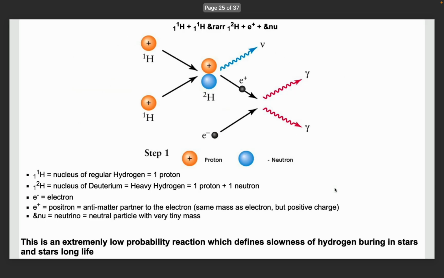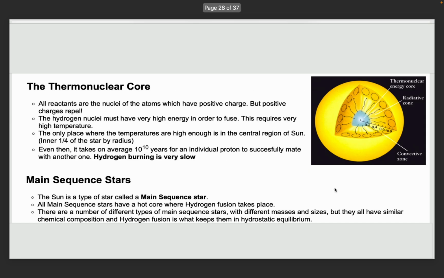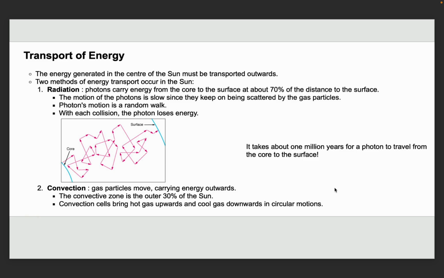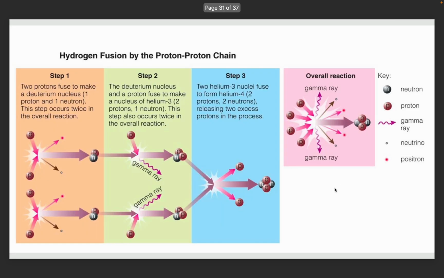So until now we discussed what process creates energy in the sun's core. We know that in the sun's core the temperature is about 15 times 10 to the power 6 Kelvin. Due to such huge temperature, the proton nuclei can come together and get fused. How does this reaction happen? This reaction happens due to the pp chain, or the proton-proton chain.